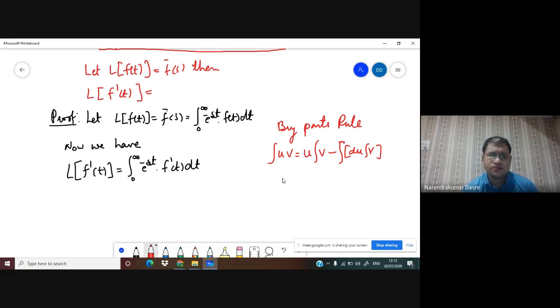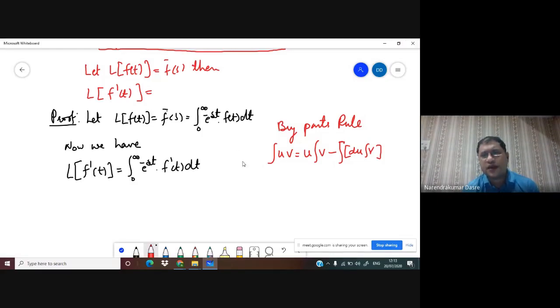Now if I use this rule here, I need to decide what is going to be u and what is going to be v. Usually we use the exponential at the end, but if I use the exponential as v here, then I have to take the derivative of u, which will be a process where this integration will not terminate.